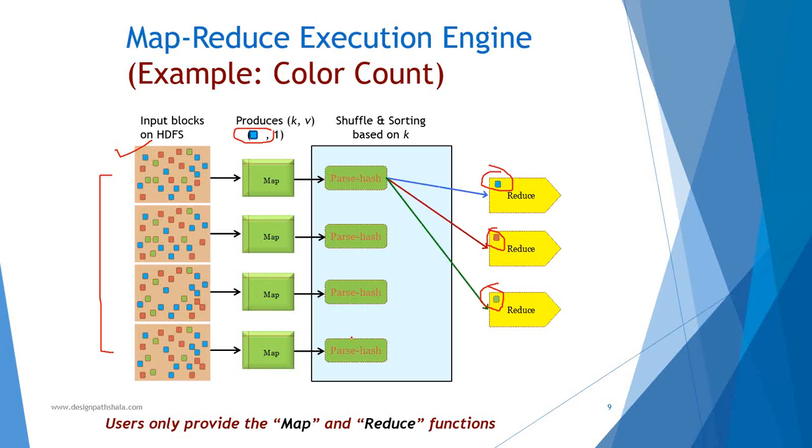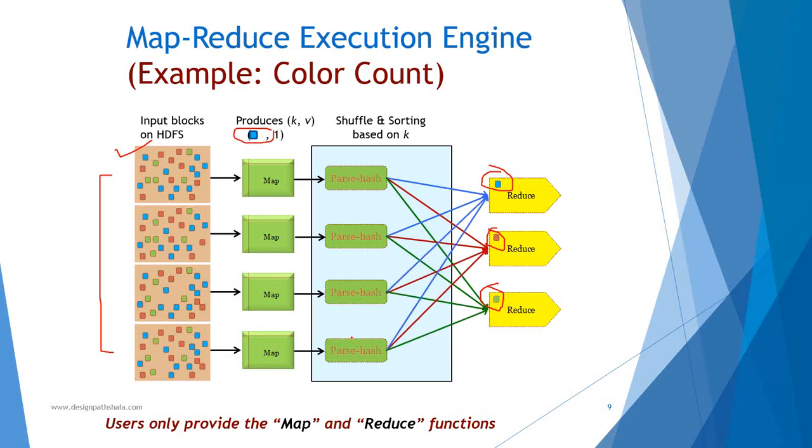All the blue color keys produced on the map side will go to the reducer which is processing the blue keys. The red ones will go to the reducer processing the red keys, and green will go to the reducer processing the green keys. This will happen from all the mappers.